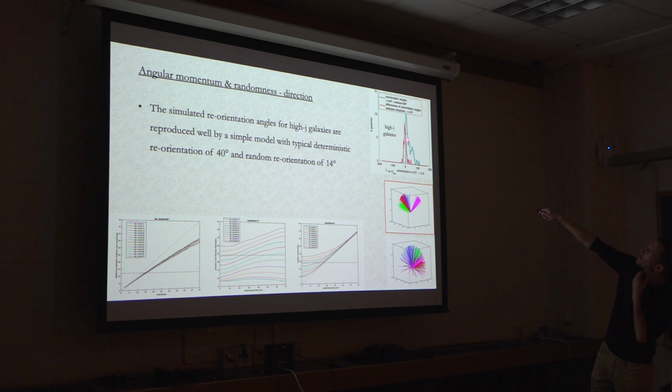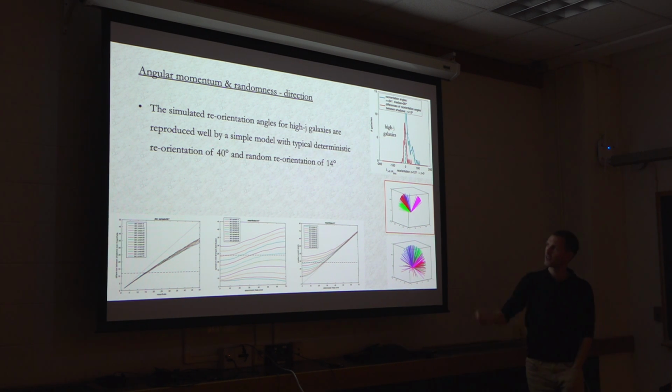The dashed lines underlying the thick lines are from a model like this. It's just 4 different galaxies, each with a deterministic reorientation angle and around it a bunch of random components, and you can reproduce this very well for these galaxies with a deterministic reorientation of 40 degrees and random reorientation of 14 degrees.